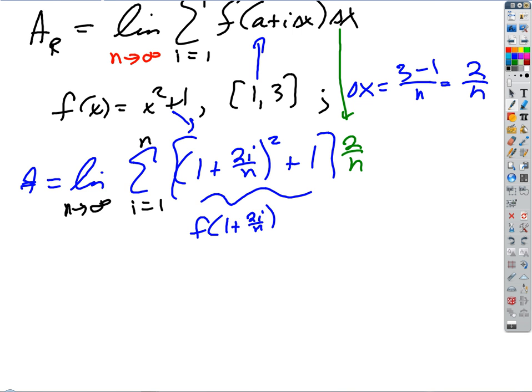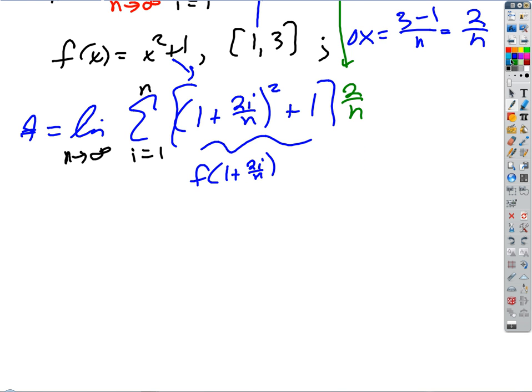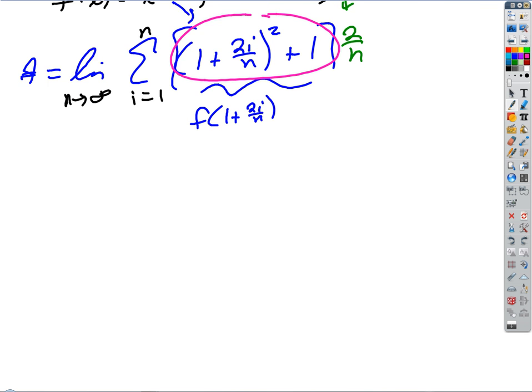So let's work our way out there. We've already done a lot of this algebra. Let's expand this out. If I expand this whole thing out and add 1, so everything in the pink bubble, what do I get back? Wasn't that 2 plus 4i over n, and we had 24 there instead of n last time, right?